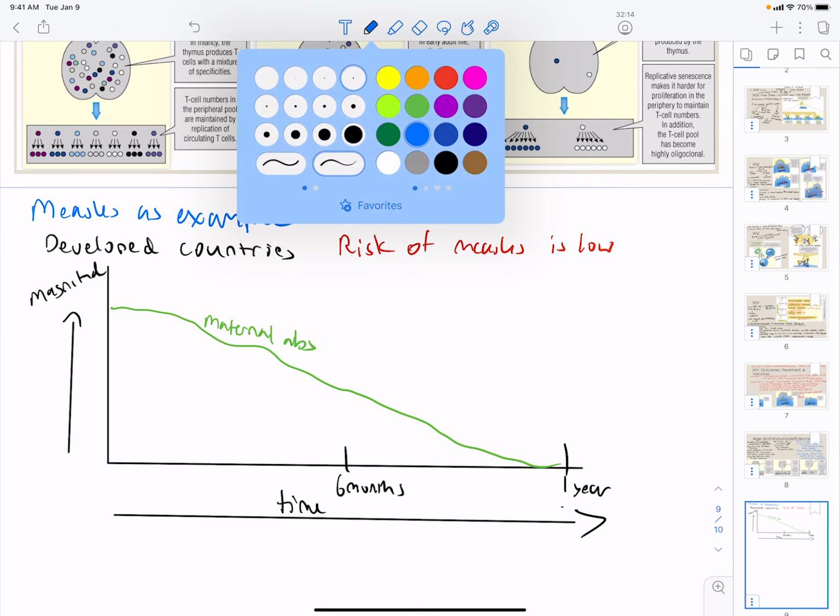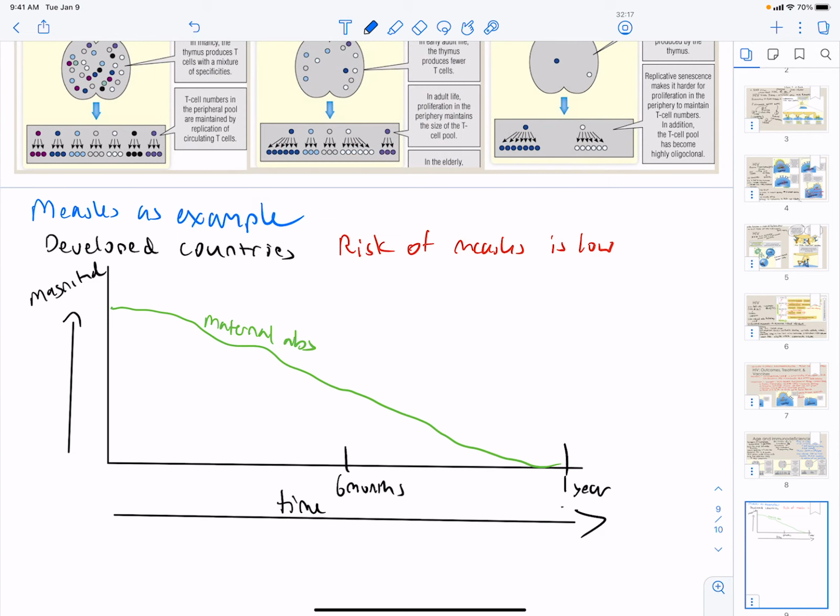And then we're going to have a threshold of protection from measles.